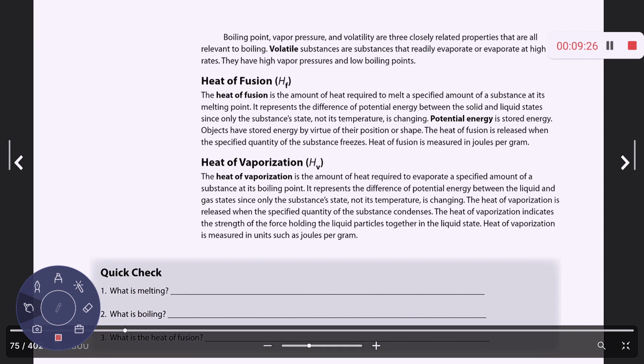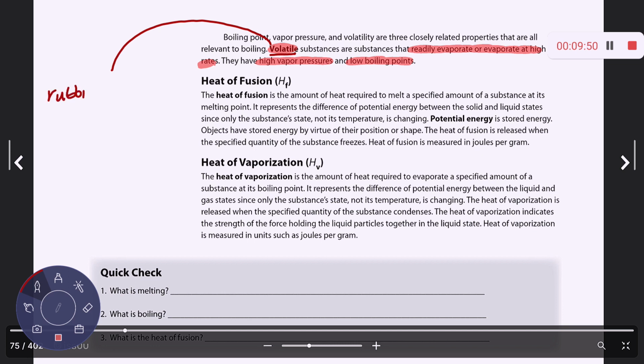So boiling point, vapor pressure, and volatility are actually closely related. So if something is volatile, it will readily evaporate or evaporate at a really high rate. Volatile substances have high vapor pressures because there's a lot of them in the gas phase, and they have low boiling points.